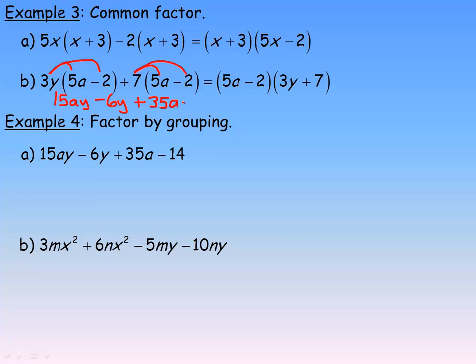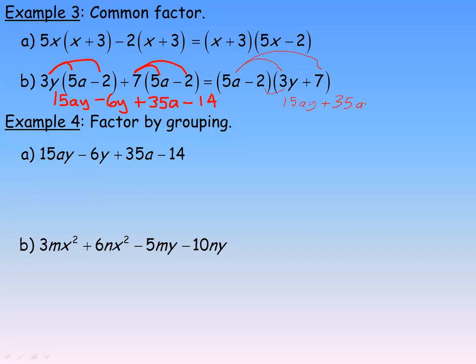And then 7 times negative 2 is minus 14. And that should be exactly the same thing you get when you expand the 5a minus 2 by the 3y plus 7. So for example, 5a times 3y would be 15ay. And then 5a times 7 is a 35a.